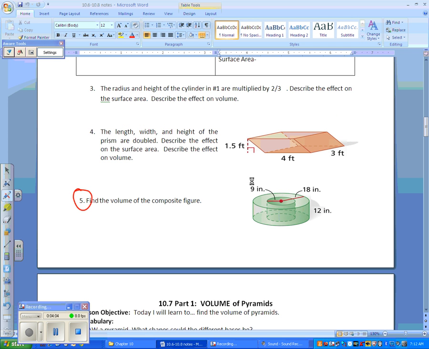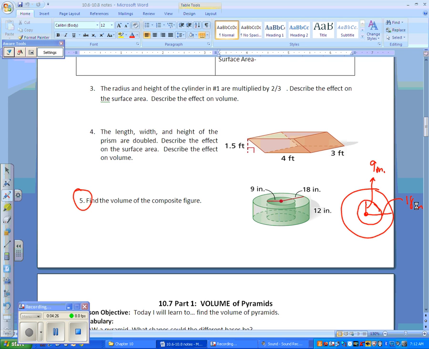Find the volume of the composite figure. This looks weird. Think of it like a donut. So you have an outer circle with the radius of 18. This is like if we were looking down on it. And then we have a smaller circle that's being cut out of the bigger circle. And the radius of this one is going to be 9 inches.